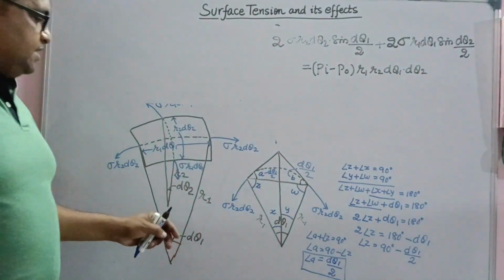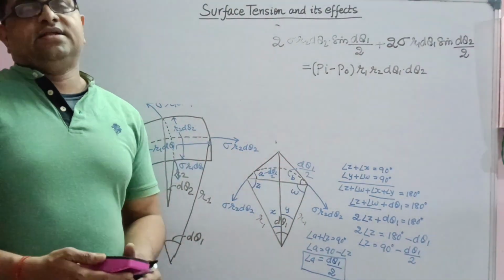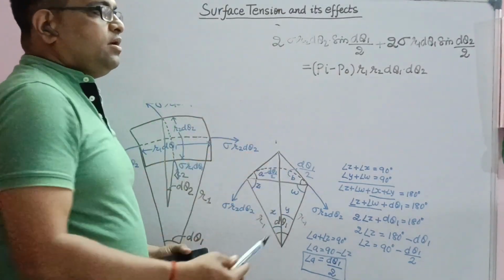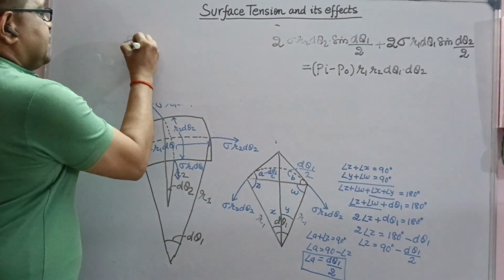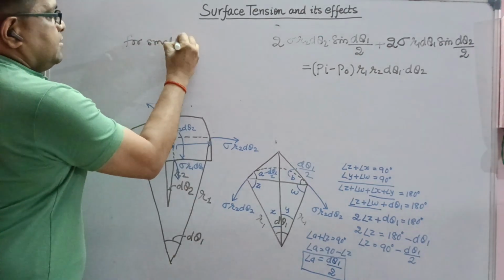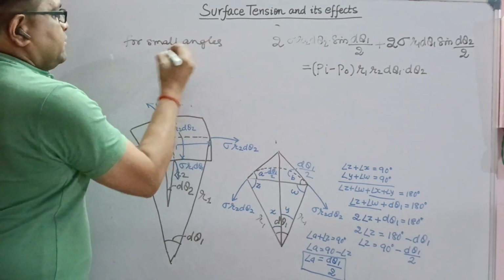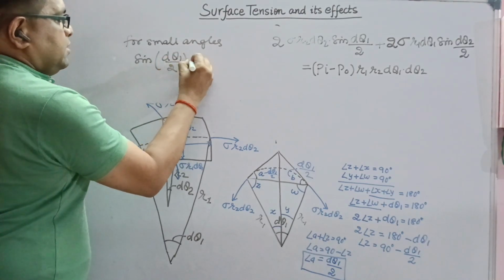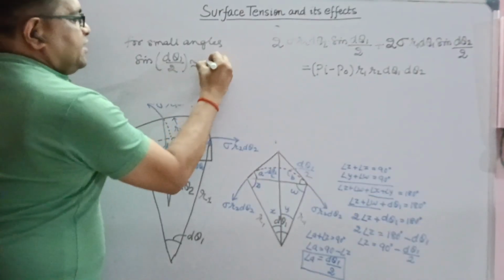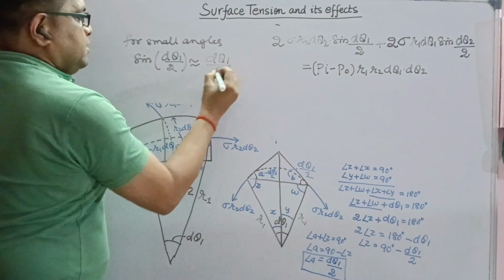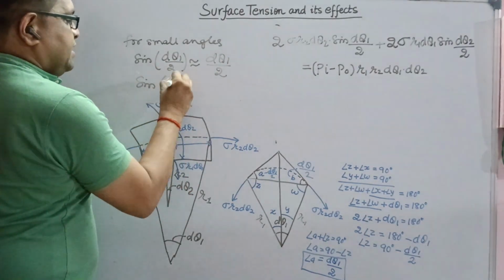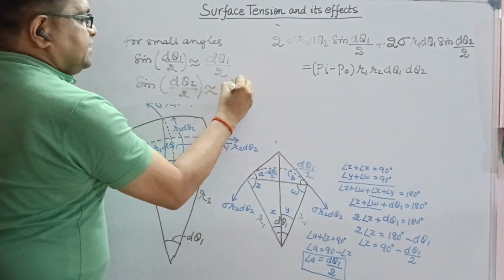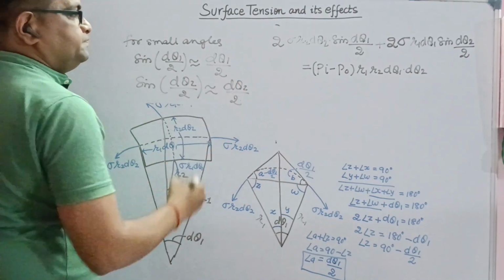Now we know that here the angles are very small, and for a small angle we can say that sine of d theta 1 upon 2 is approximately equal to d theta 1 upon 2, and similarly sine of d theta 2 upon 2 can be written as simply d theta 2 upon 2.